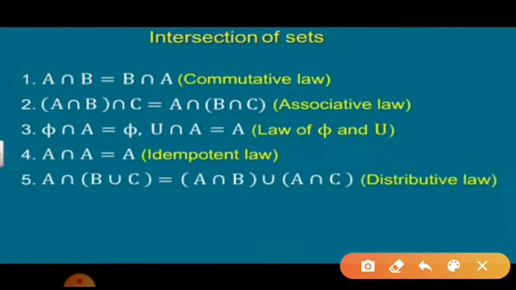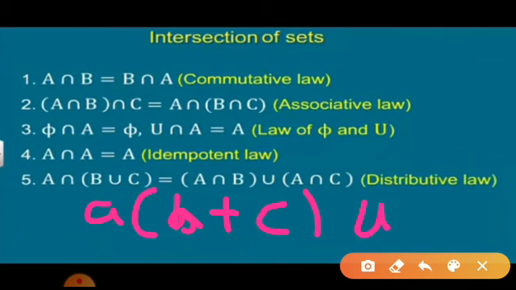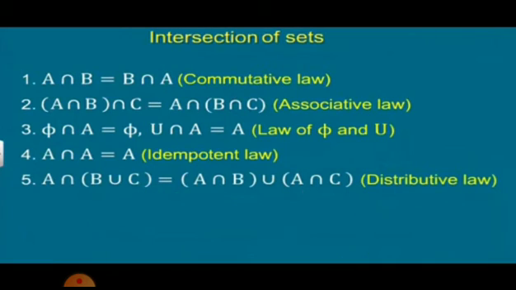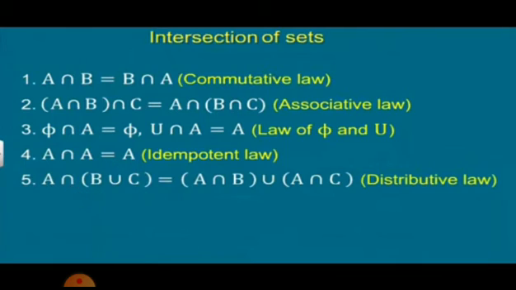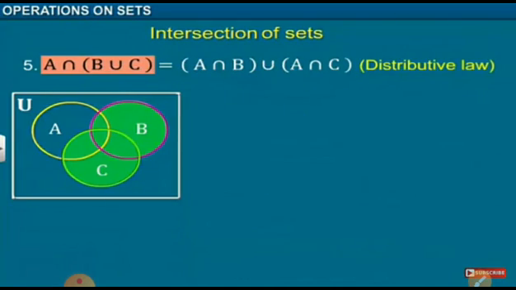Since if it is A into (B plus C), we write it as A into B plus A into C. That means I just distribute that A to B and C. Same case here, A intersection (B union C) will be A intersection B, union A intersection C. Now we will see how we can prove this distributive law using Venn diagrams.